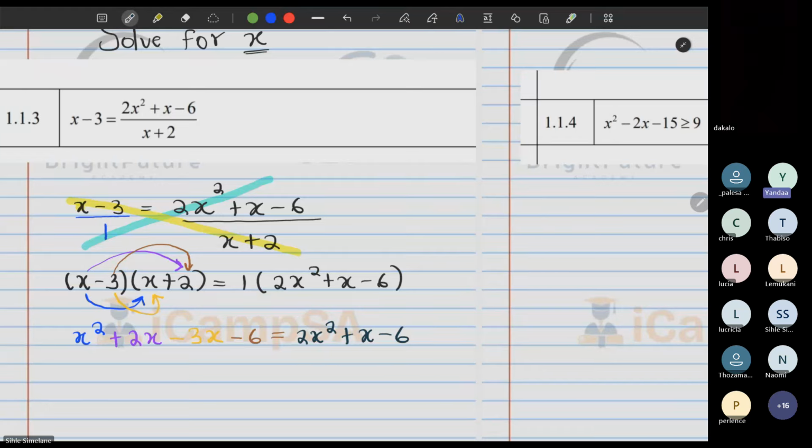Can you please explain again? Okay, so what we are doing here is what you call the FOIL method. You take x, you multiply it with x, then look at the blue. Blue times blue, what do we get? You see we're moving from x to x, so we get x squared. Do you agree? Yes.